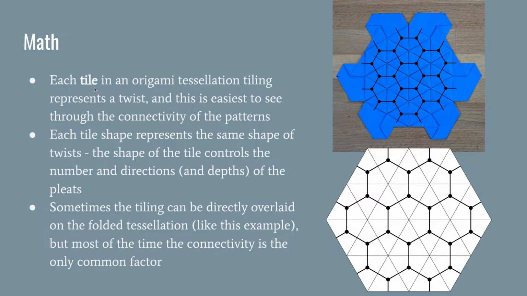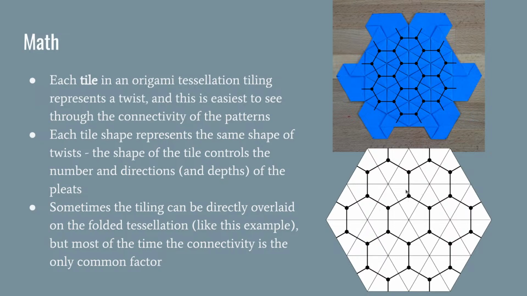So then each tile, I mentioned each shape in the tiling is known as a tile, and it represents a twist. And we see this best through the connectivity of the pattern.